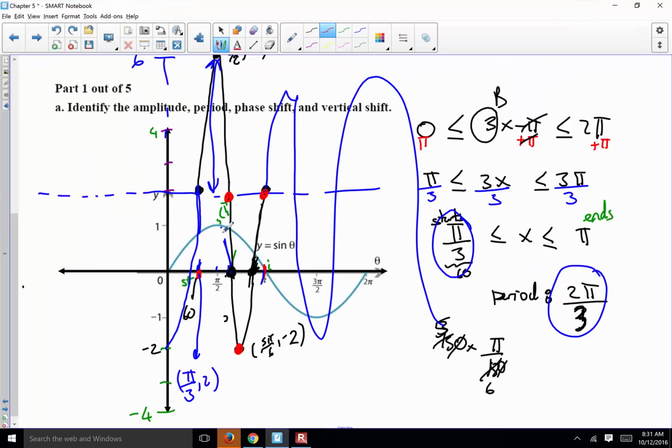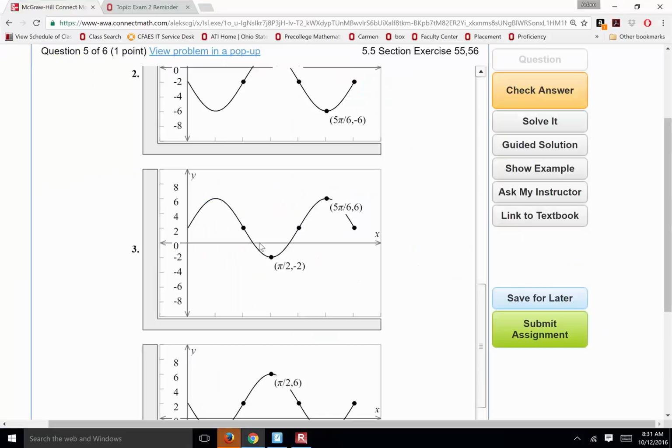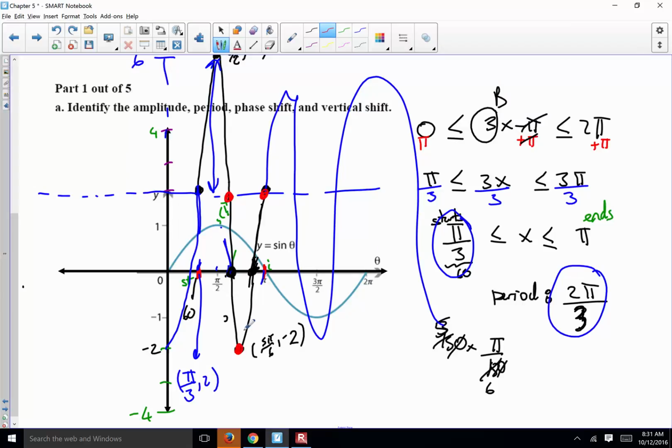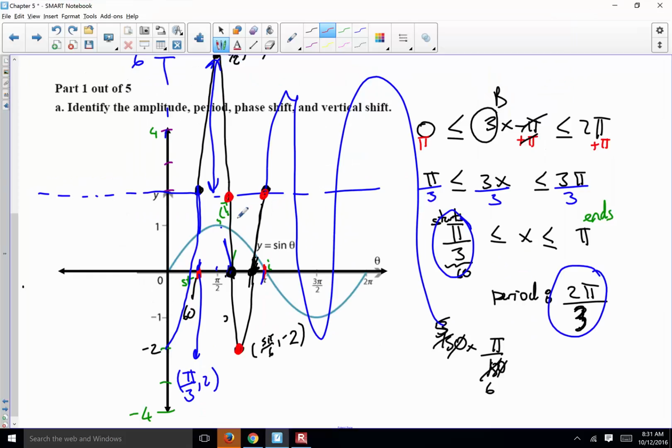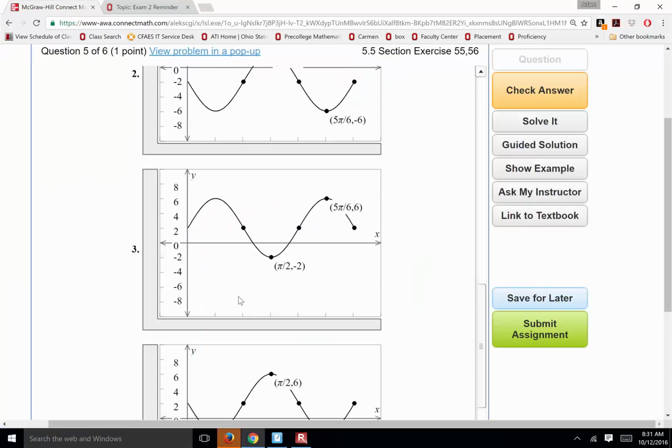No, am I doing a mistake first? Why do they want these two values? They're not really key values.